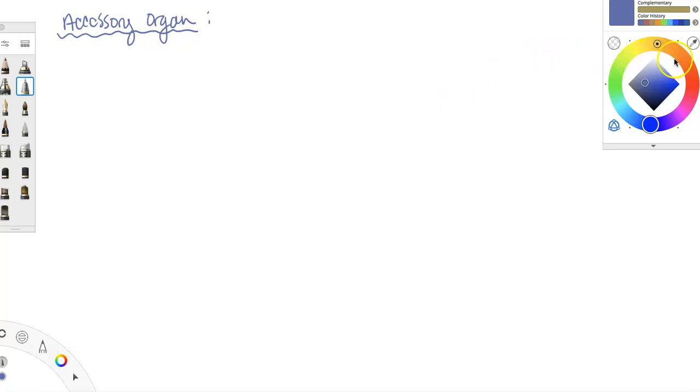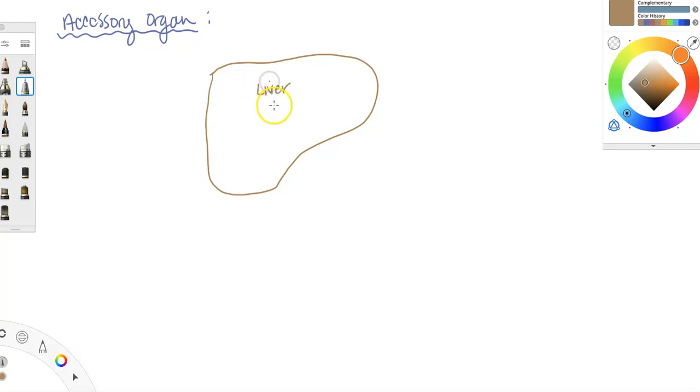Okay, so the first organ is going to be the liver. The liver is kind of a big organ that sits to the lower right under your rib. So it starts here with the liver.